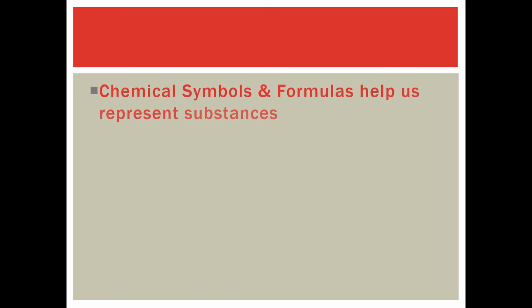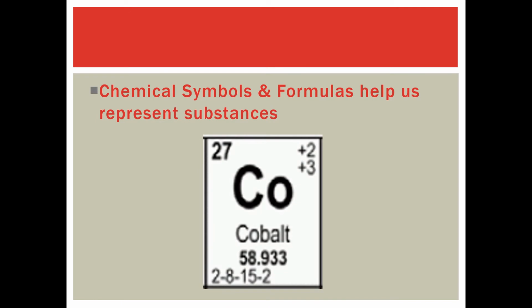Now, as far as chemistry goes, to help us identify elements, we tend to defer to chemical symbols and formulas to help us represent our pure substances. So here's an example of the periodic table, or one of the elements in the periodic table, and most periodic tables share these properties, where in the corner here is usually listed the atomic number of the element.